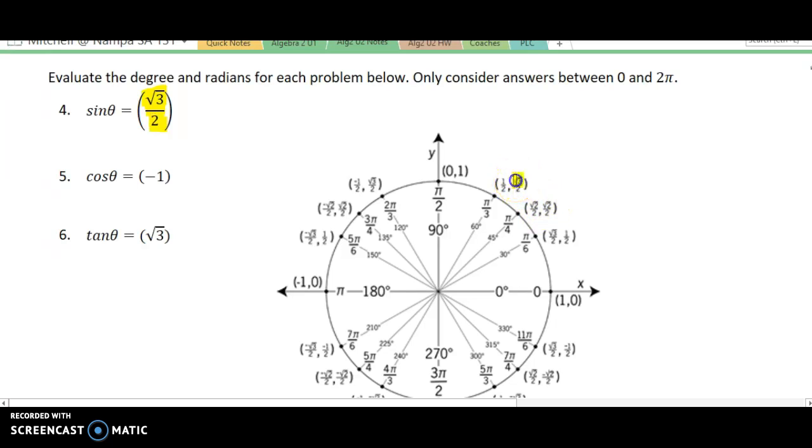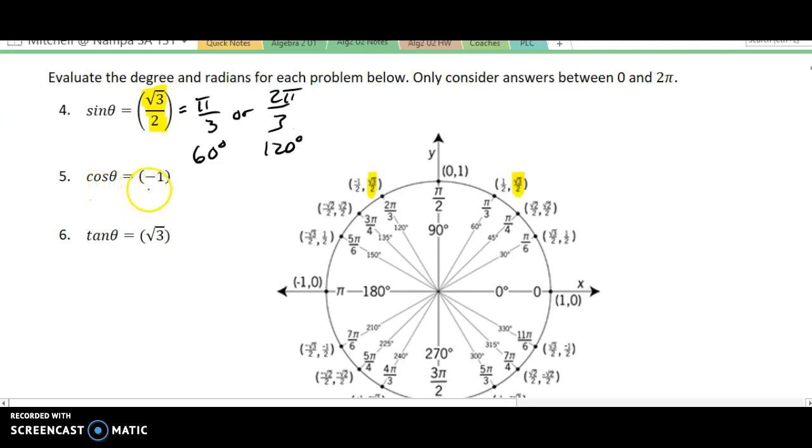So here is a y value with root 3 over 2, and here's a y value with root 3 over 2. Notice we have the same answer. So this is going to equal both of those. So we have pi over 3 and 2 pi over 3, because I don't tell you which one it is. So we have two answers, and that happens a lot. And then we also want to write the degrees, so it's either 60 degrees or 120 degrees.